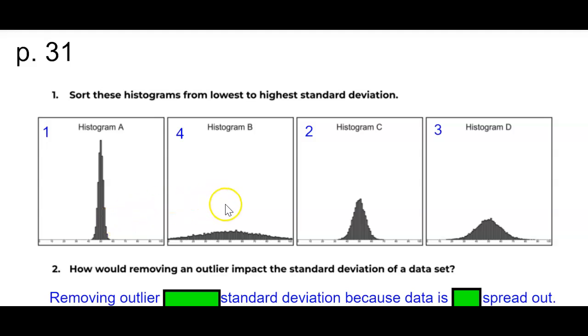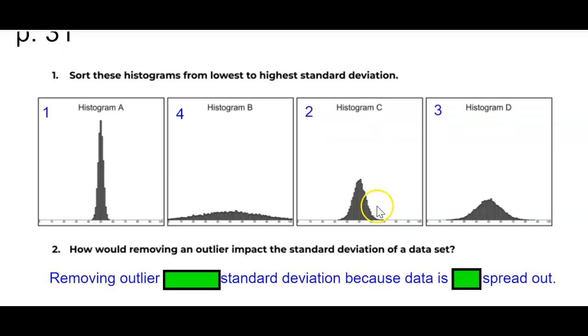The worst one, or the highest standard deviation, the most spread out, is this one here, where it goes all the way to the edges. And then in between you have these two. I would classify histogram C as the second lowest standard deviation because it's pretty clustered here. Not nearly as much as the first one, but more so than the other two. So that's how you generalize your characterization of standard deviation.